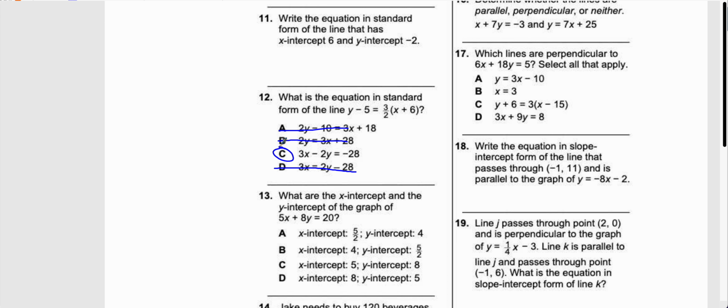There might already exist a test form with other options, like 3x plus 2y equals 28, where they just change some of the signs. So be aware that you could need to solve it just to figure out what needs to be negative and what needs to be positive.